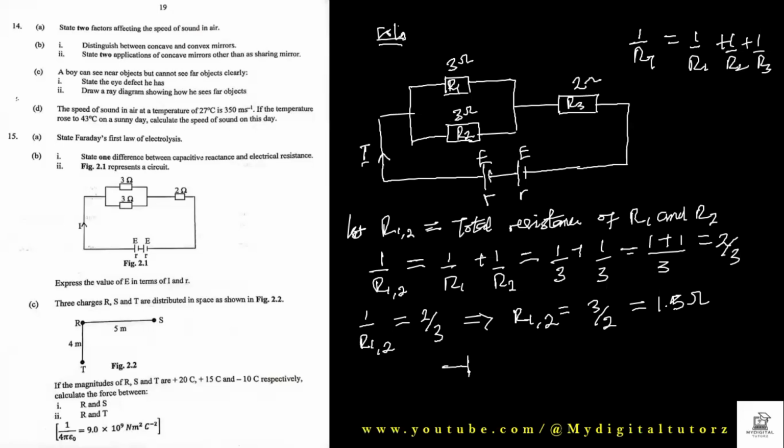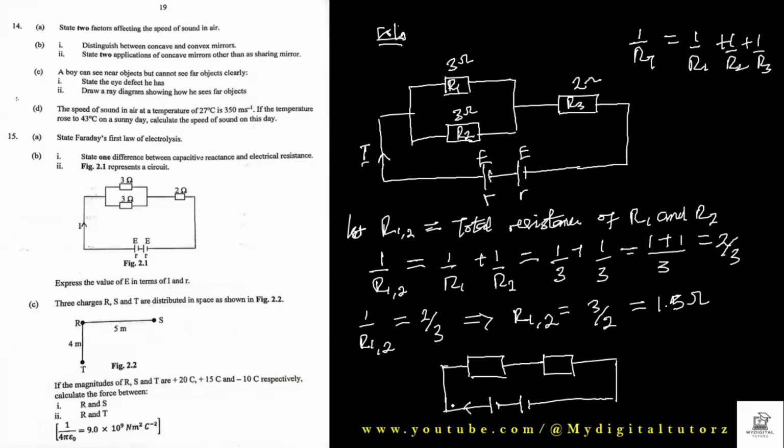Here will be the equivalent resistor that I just found, and here will be the resistance R3, and here I have the cell. There's another cell. Then I have something like this.